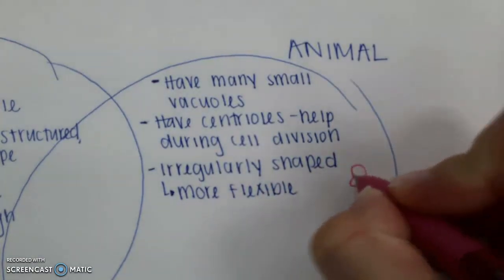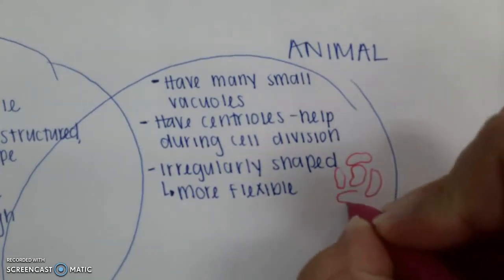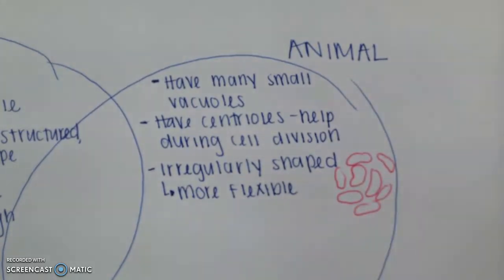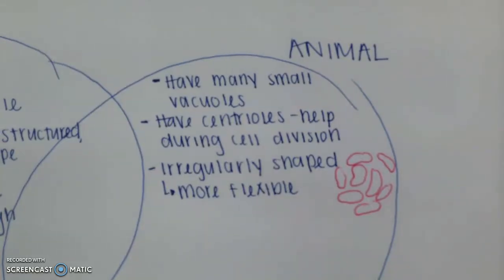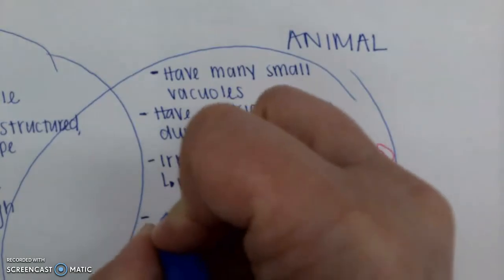So we noticed they were kind of more round, weird shaped, kind of like this. There's not really a rhyme or a reason. That'd be a good representation of multiple animal cells. Okay. Animals get food by eating plants and other animals.